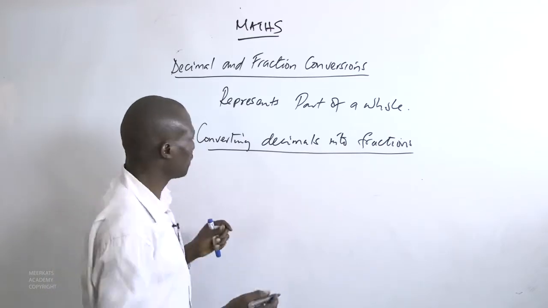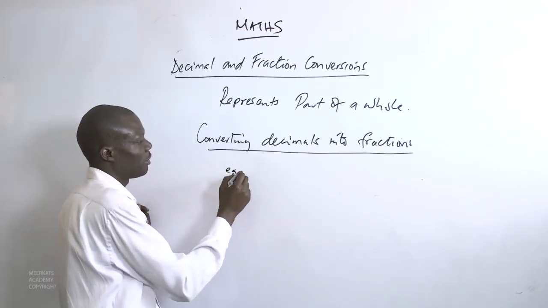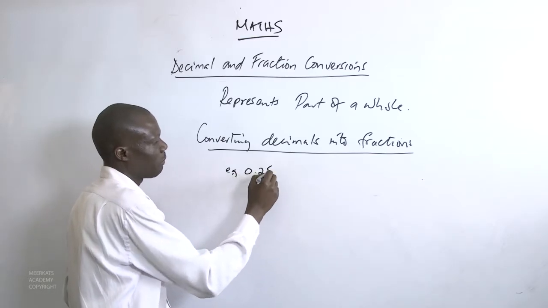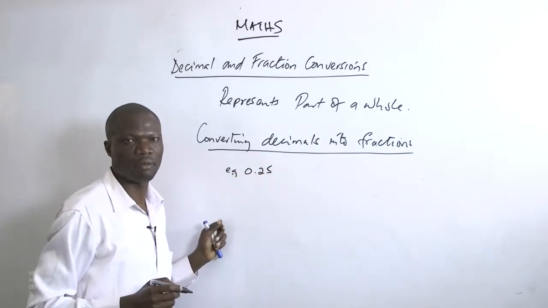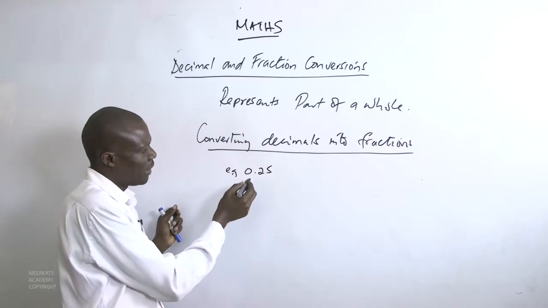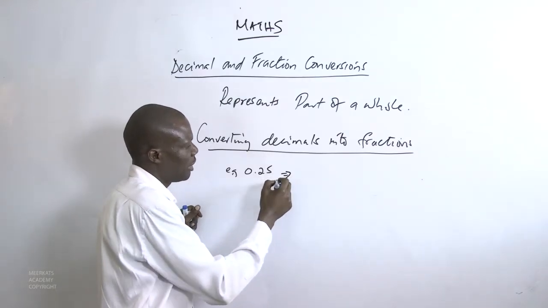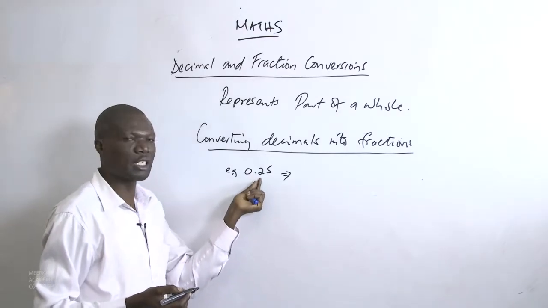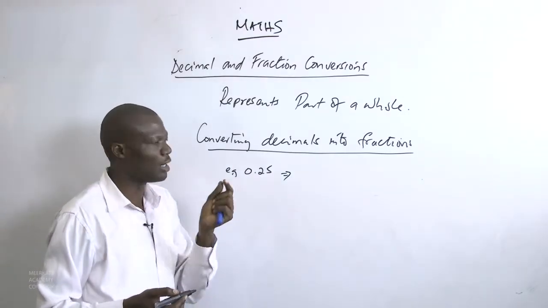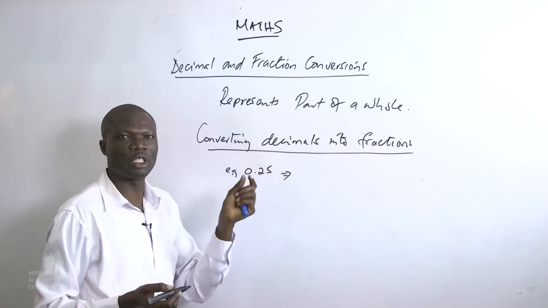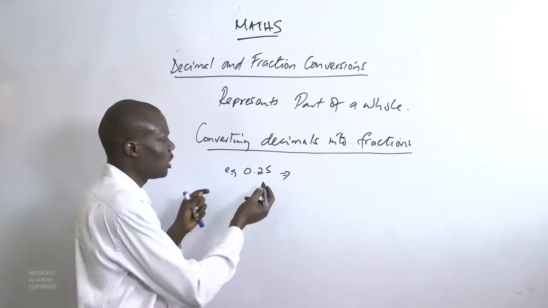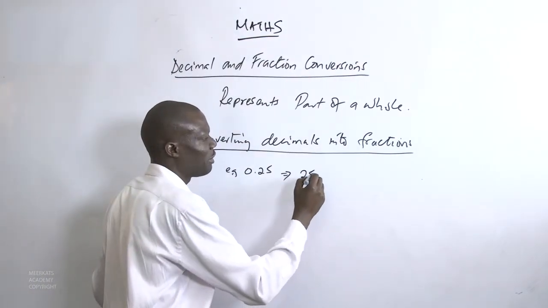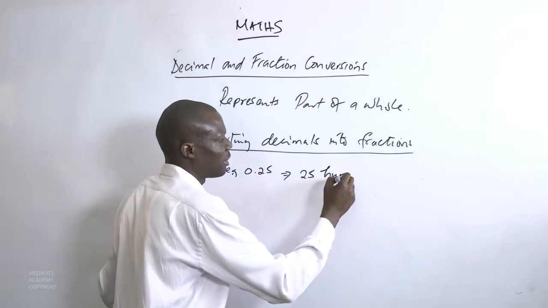Let us look, for example, at a number like 0.25. When you look at the place value, 2 represents tenths, while 5 represents hundredths. So this one is equivalent to 25 hundredths.